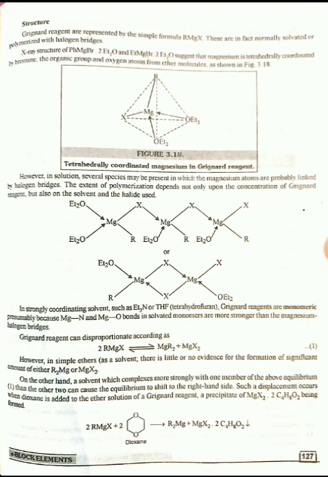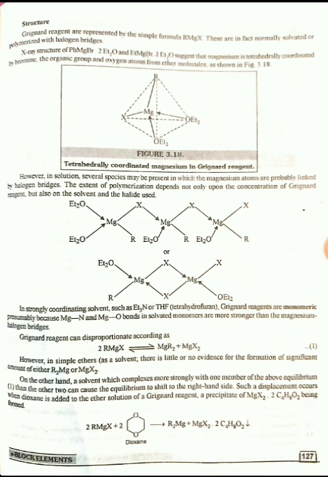Grignard reagent can disproportionate according to the equilibrium shown. However, in simple ethers as a solvent, there is little or no evidence for the formation of significant amounts of either R2Mg or MgX2. On the other hand, a solvent which complexes more strongly with one member of the above equilibrium than the other two can cause the equilibrium to shift to the right hand side.